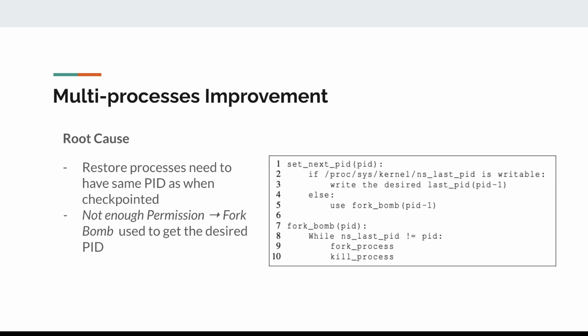So it has to control the process ID when the service is restored, and sometimes there is not enough permission. It has to use another way around, like FastFreeze uses a fork bomb, which just continuously spawns new processes and kills them till you get the desired process ID.